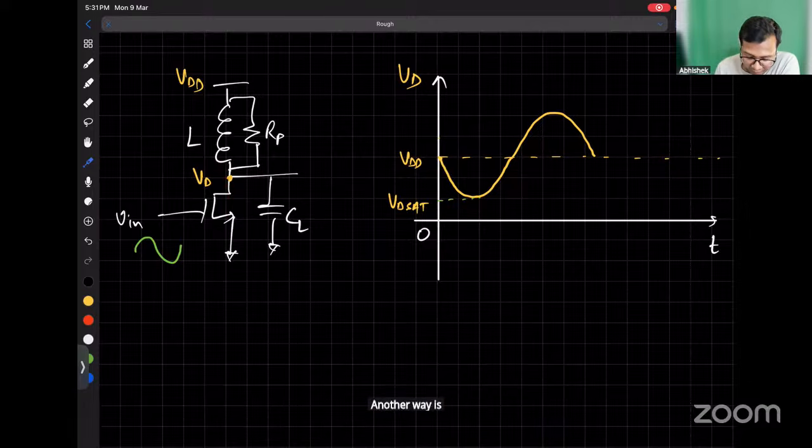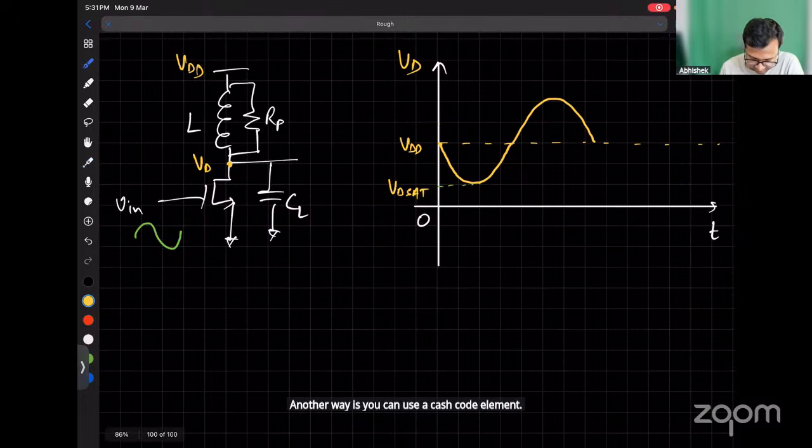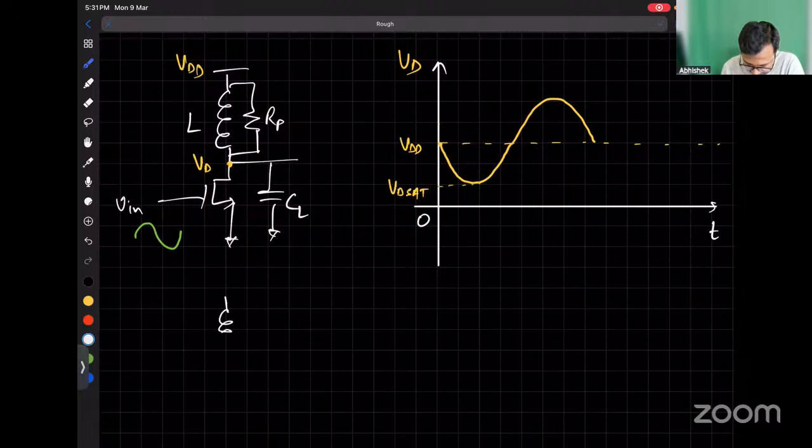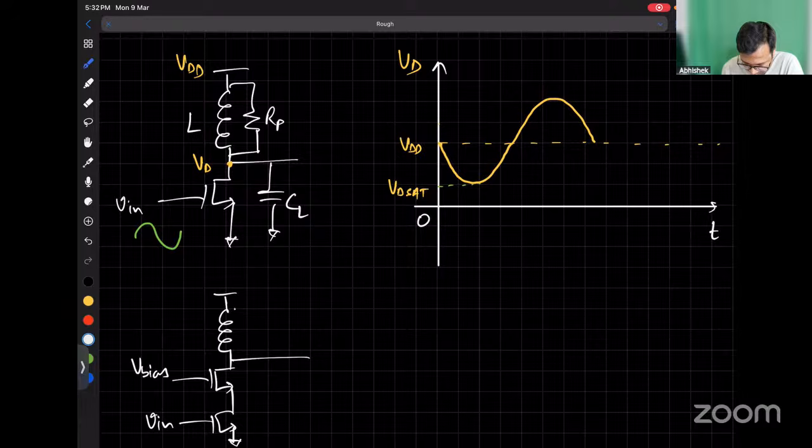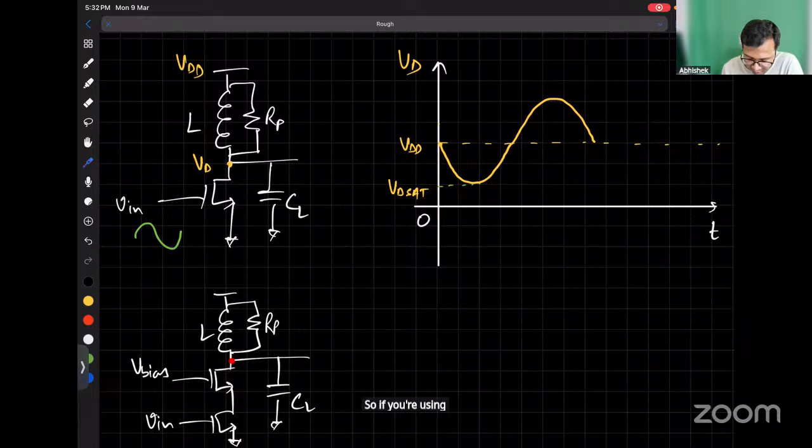Another way is you can use a cascode element. If you are using a cascode element, you can choose this V bias such that even when the total output voltage is going close to VDD, this gate and drain voltage is still not exceeding VDD.